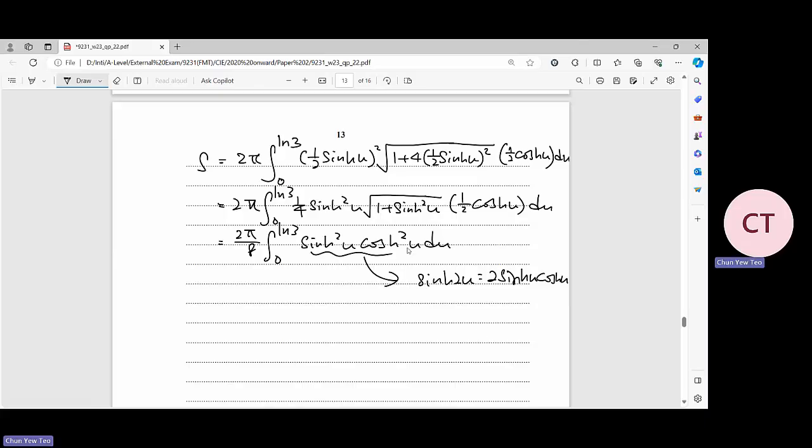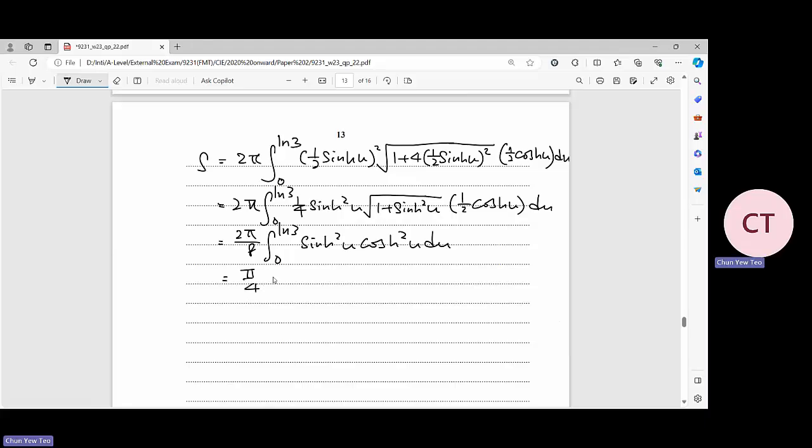This one is a square, so it needs to go over here as a half, equal to sinh u cosh u, and then after that you square it. So this is something you need to know. And I will erase this.